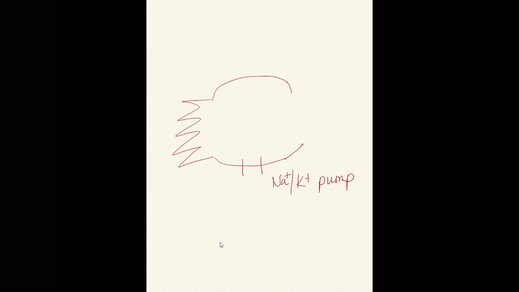So the way that these work, if I draw it like this. For right now I'm going to draw the pump down here, and then the leak channels up here.